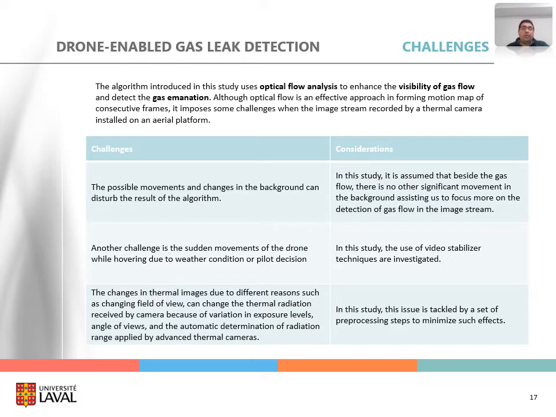The thermal images can also change for different reasons, such as a changing field of view, which can change the thermal radiation received by the camera because of variation in exposure levels, angles of view, and the automatic determination of radiation range applied by advanced thermal cameras. So in this study, there are a series of pre-processing steps that we applied in order to reduce the effect of these kinds of changes and variations.